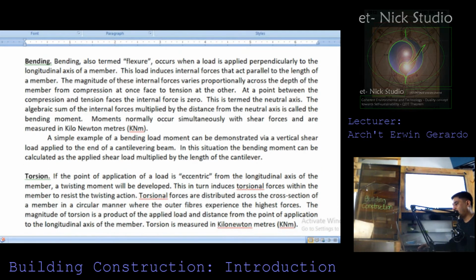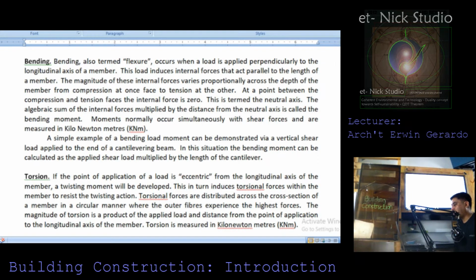Bending, also termed flexure, occurs when a load is applied perpendicularly to the longitudinal axis of a member. This load induces internal forces that act parallel to the length of a member. The magnitude of these internal forces varies proportionally across the depth of the member, from compression at one face to tension at the other.